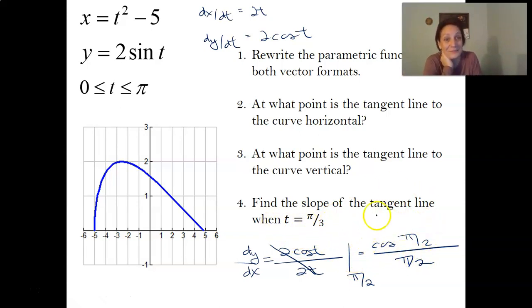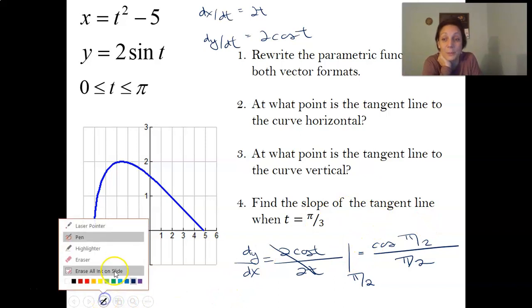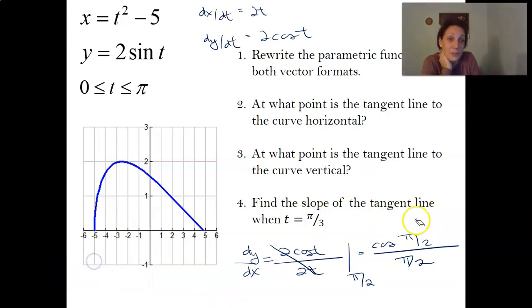Oh my. I'm over here giving people advice, and I wrote pi over 2 instead of pi over 3, so guess whose answer was wrong? Mine. I was just about to say don't simplify it, because if you mess up your unit circle, then you'd miss the answer point, and I would have missed the answer point anyway just because I don't even know how to read the question. Okay, so I'm evaluating at pi over 3 because that's the time they gave me.